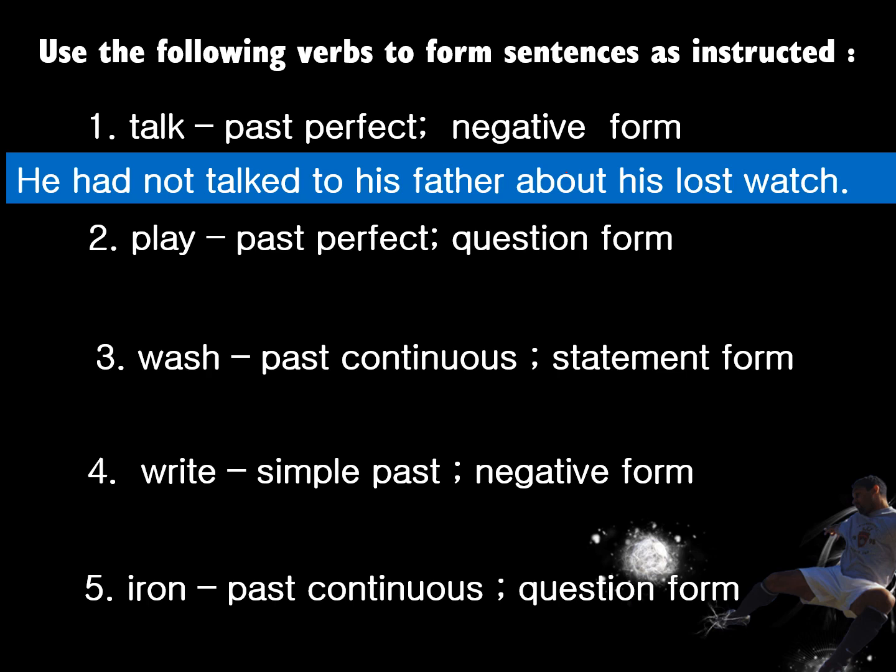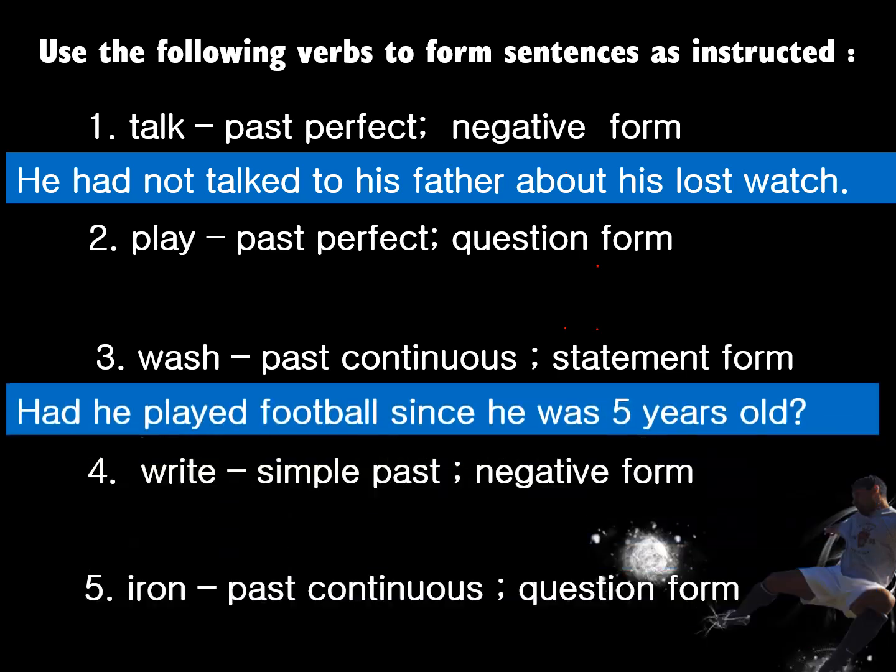Let's move on to the second one. It's play. Use it in the past perfect, this time in question form. You can think about your answer and try it. I will show you if this is the answer that you have in your mind or the answer that you have written in your notebooks.